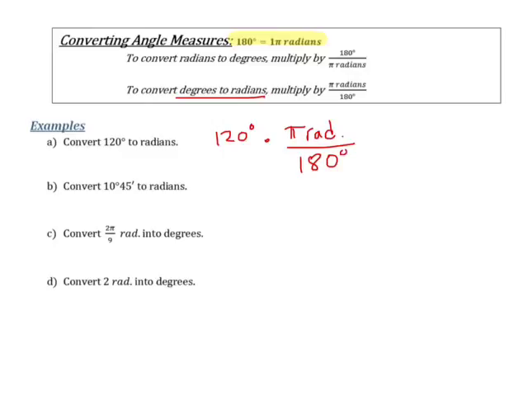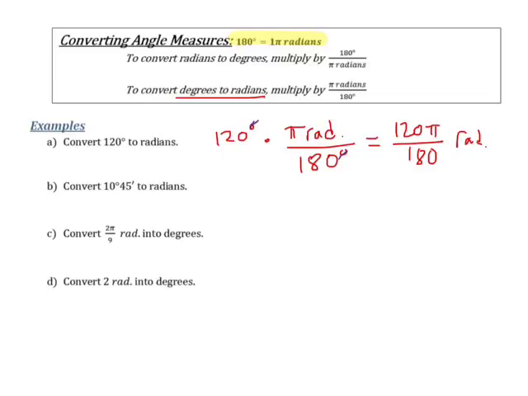What's really going on is what we call dimensional analysis. These degrees on top and these degrees on bottom are going to cancel. And so that tells us that yes, we multiplied by the right fraction, and we get 120 pi over 180. And the units that are left are radians.